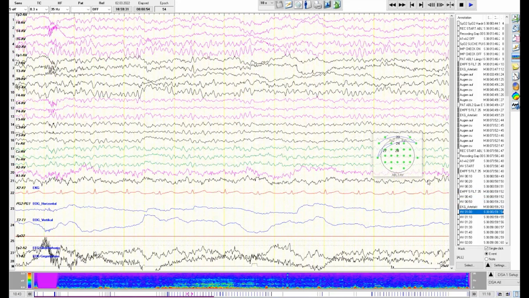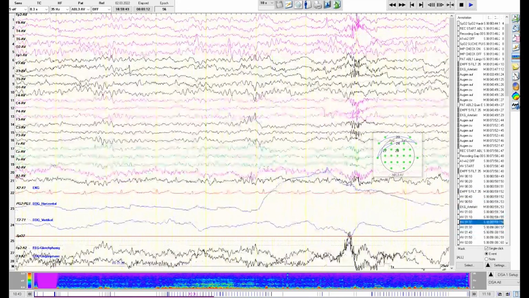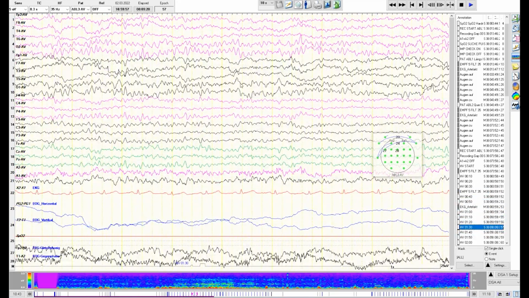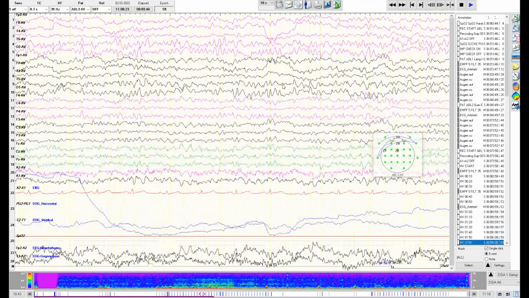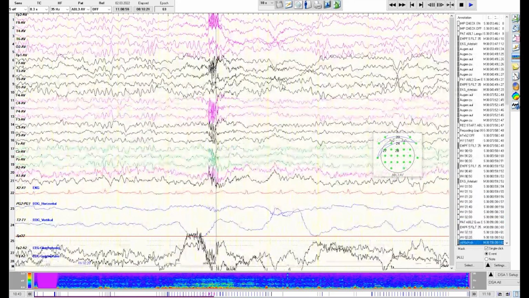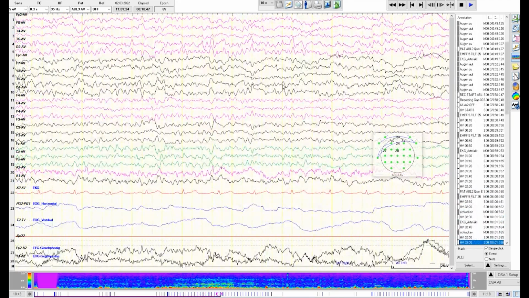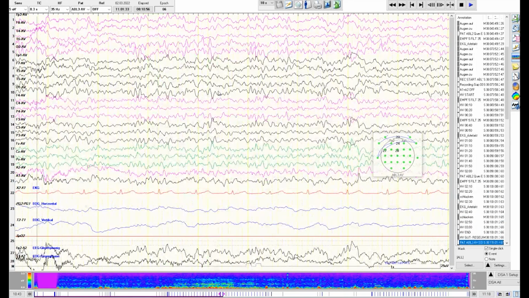If you continue with that, you see that the slowing increases even more in these cortices, but otherwise no epileptiform activity can be spotted. Again, here the slowings are even more pronounced. If you see slowing under hyperventilation that is spreading all over the brain, this is kind of normal.